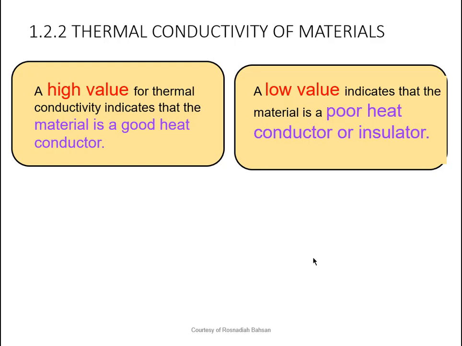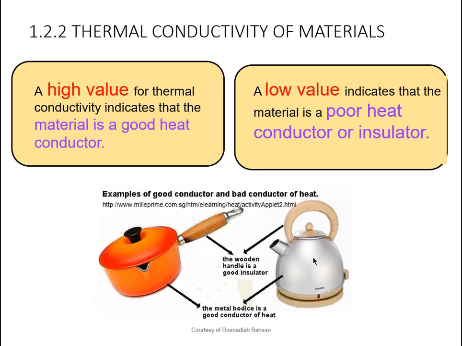For example, your home wall is covered on both sides by plaster. The function of the plaster is to reduce heat transfer, so the cement plaster acts as an insulator.